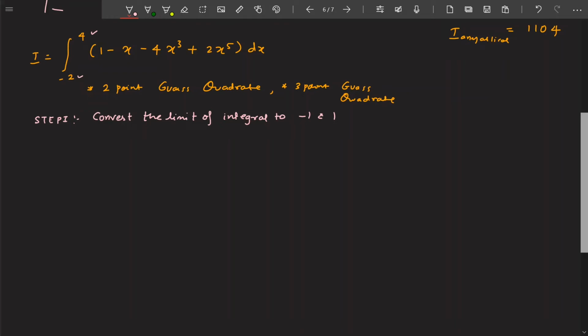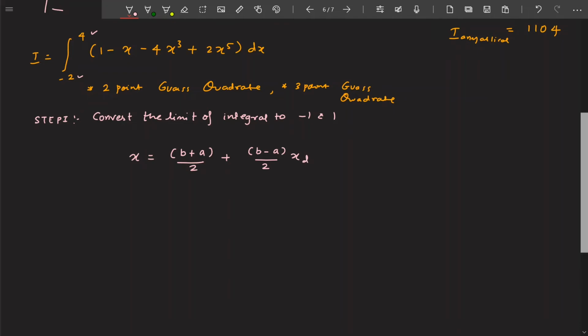For doing that, you just have to remember this formula: x is equal to (b plus a) divided by 2, plus (b minus a) divided by 2 into xt.